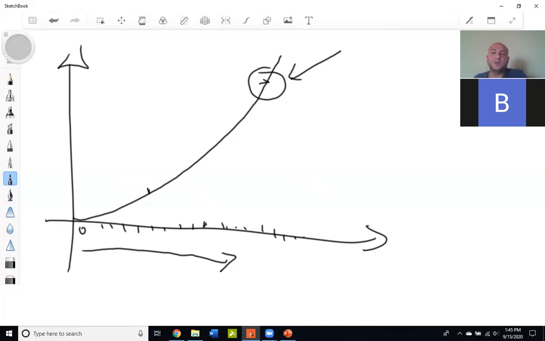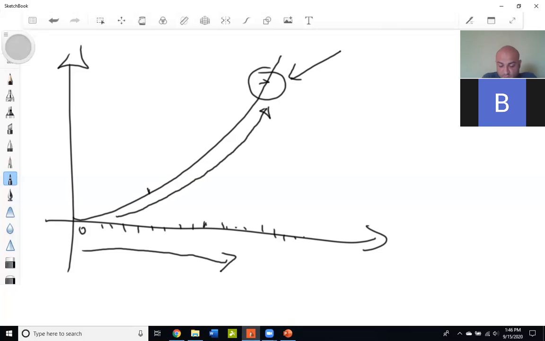There are only so many trees in the forest. So as more people want to buy your lumber, you have to increase prices more and more because there are only a limited number of trees available. So as you move, your prices will move more than your quantity.